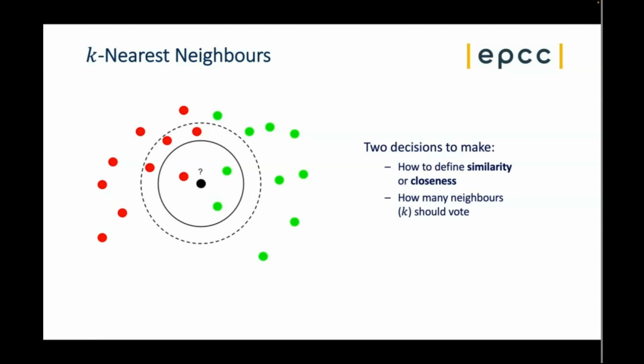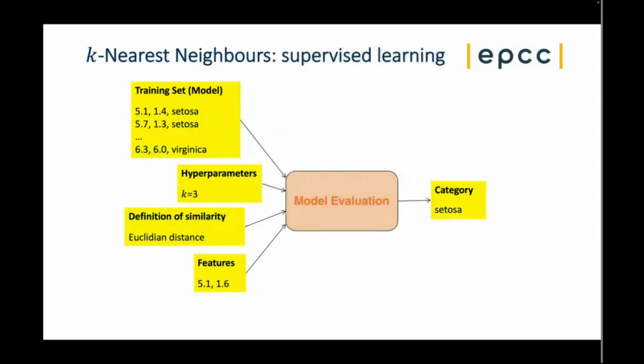But in general, in machine learning, just like we could choose different values of our cost function, we can choose different distance metrics or similarity metrics, and they can lead to slightly different answers. And the other question is, how many neighbors should vote? So here, in this machine learning algorithm, we have a new kind of hyperparameter. We don't have a learning rate here. What we have is a value k that you have to decide on when you're doing your classification.